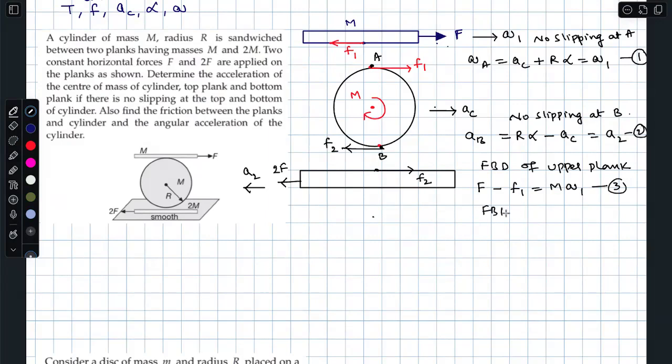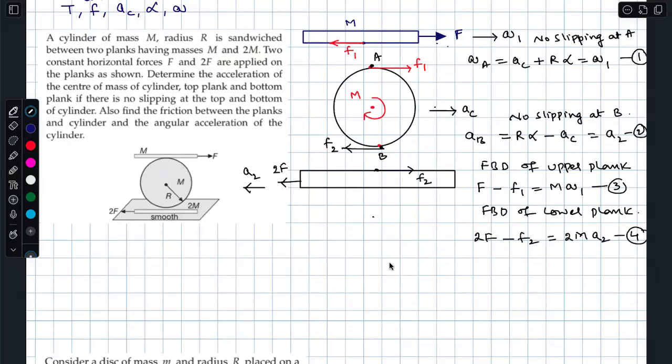Free body diagram of lower plank: 2F minus F2 is 2MA2, equation 4.